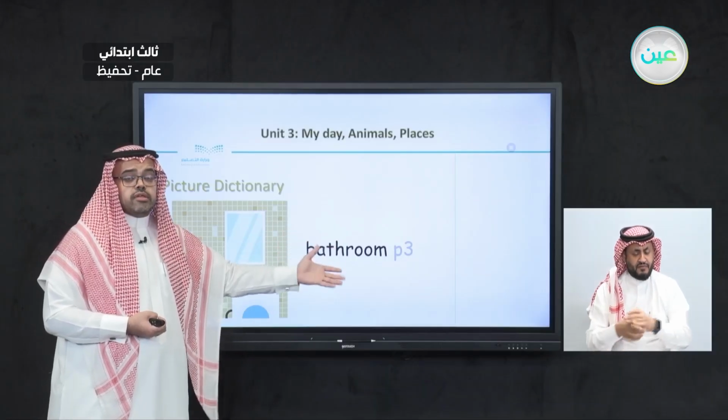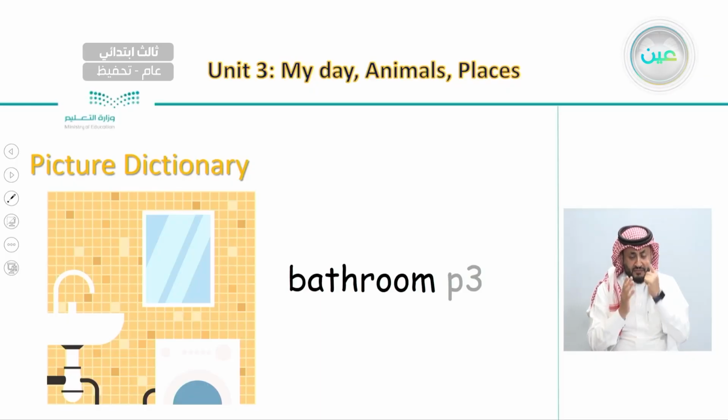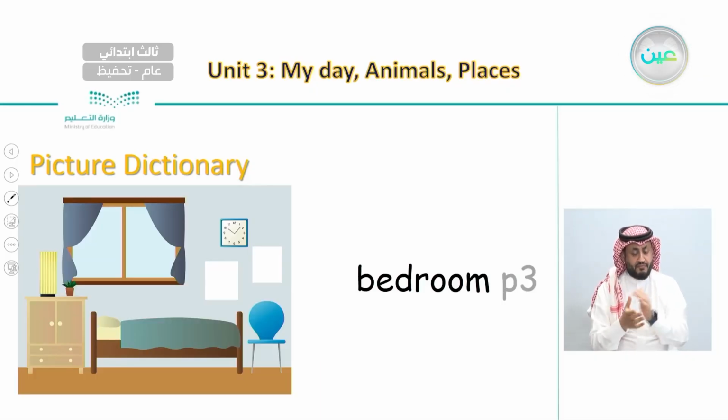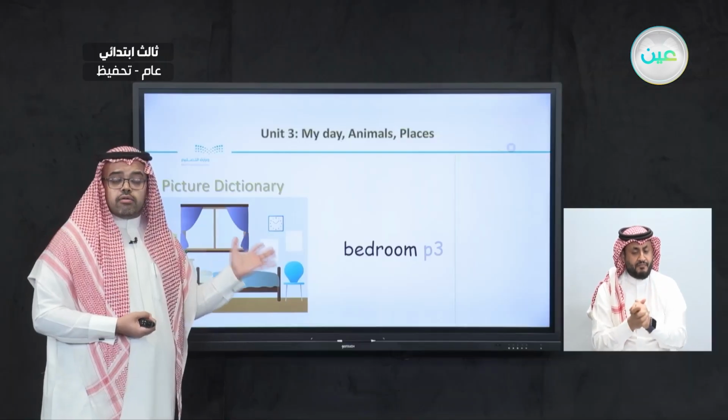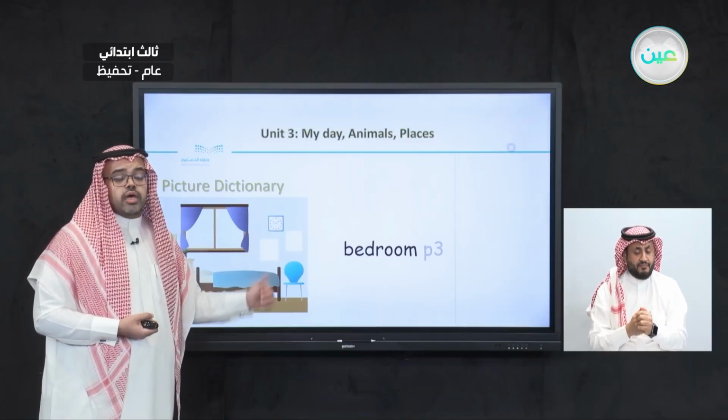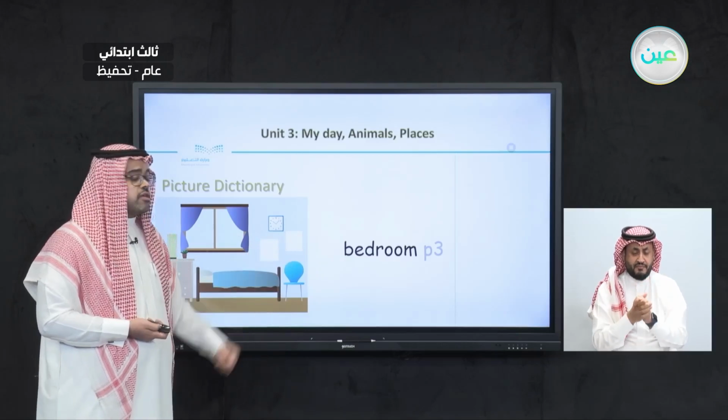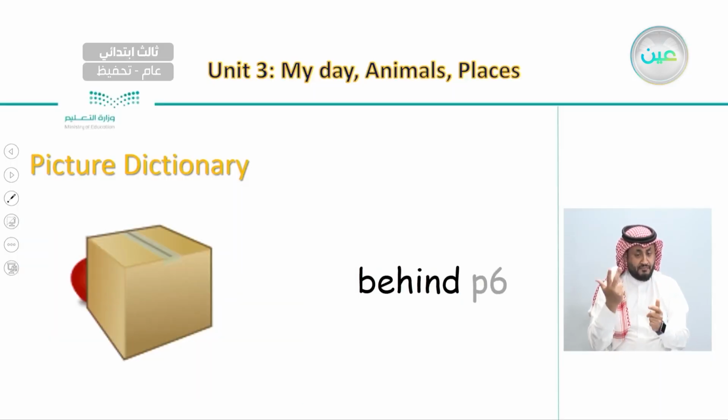Bathroom can be seen on page 3. After this, also the other room, when we talk about my house, which is bedroom, where we can go and rest and have a good night's sleep, which can be seen on page 3.